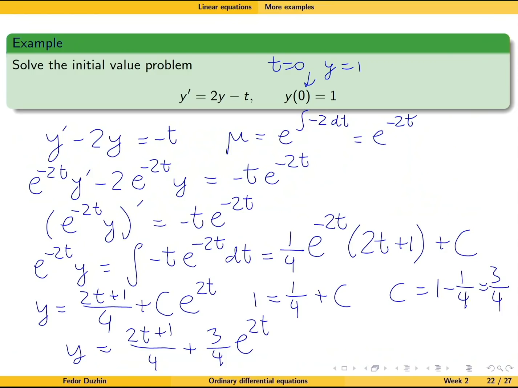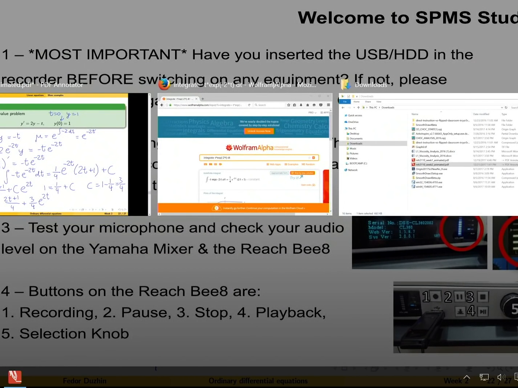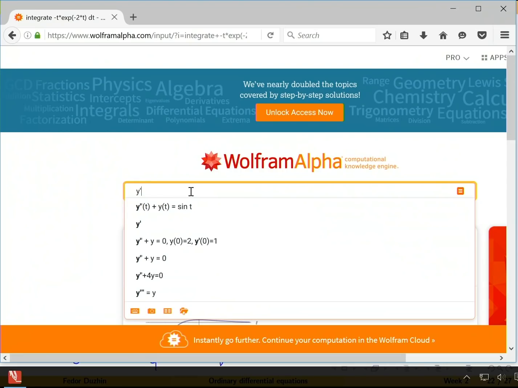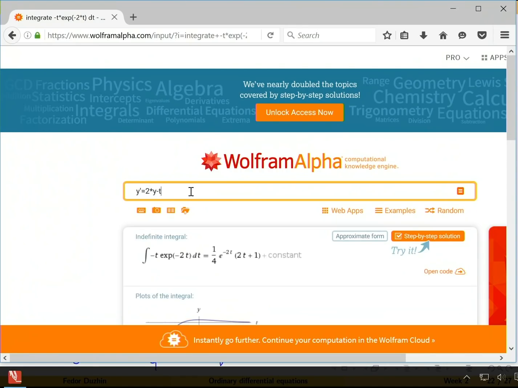Well, and again, I recommend that you verify this by hand, but since I hope by now it is pretty clear how to verify solutions of differential equations by hand, we are going to just do it by Wolfram Alpha. Okay, so y prime equals 2y minus t, and y of 0 is 1.